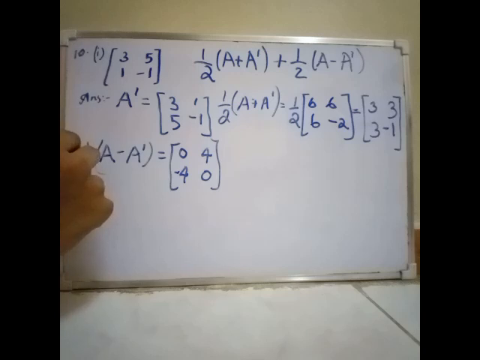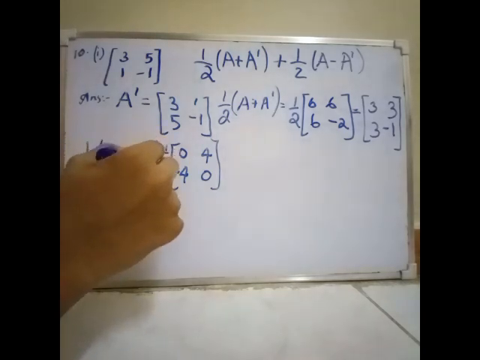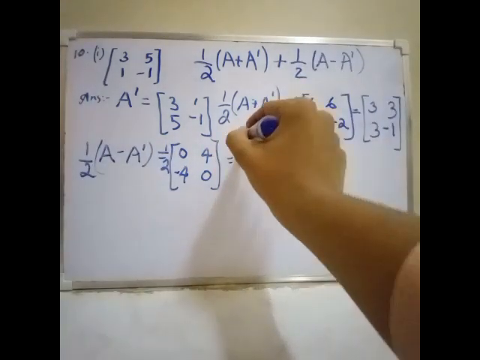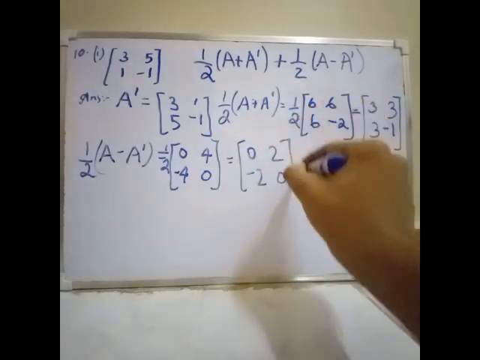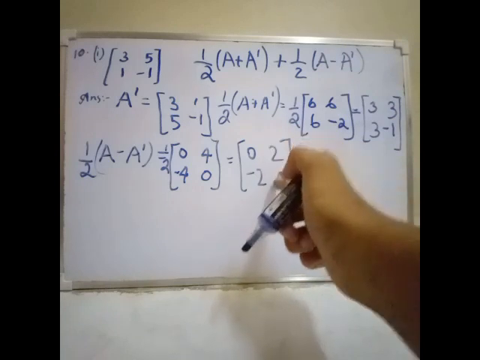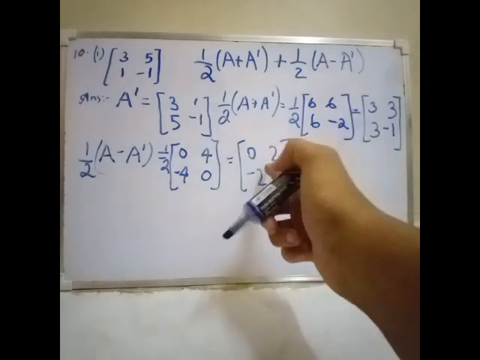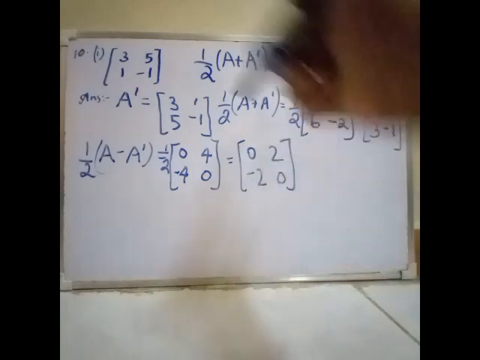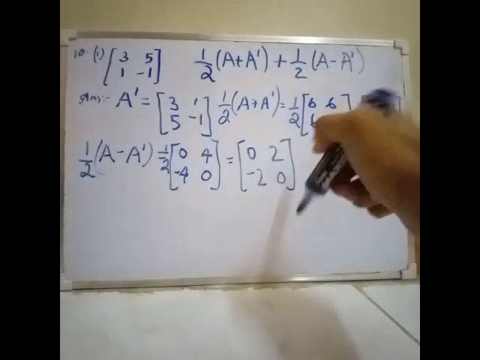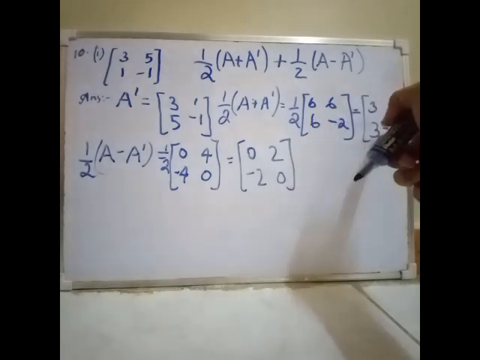Now take the half, it would be 0, 2, minus 2 and 0, right? Now you can prove this is a skew symmetric matrix. If you take the transpose of this matrix, it will be equal to the negative of this one, right?